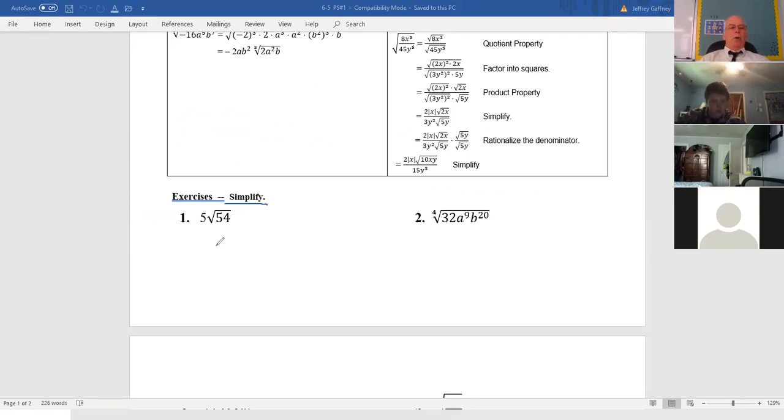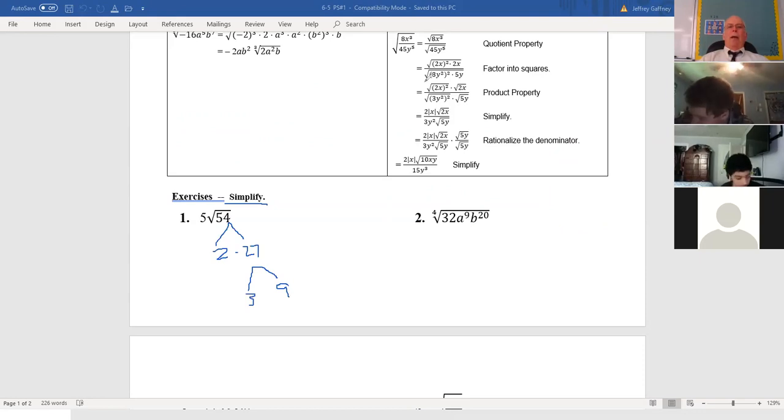It ends in an even number, so I'm going to factor a 2 out of that 54. So 54 is the same as 2 times 27. Now the bells and buzzers go off: I can't factor a 2 out of 27, but I've got an odd number there. I can factor a 3 out of 27, which is 9.